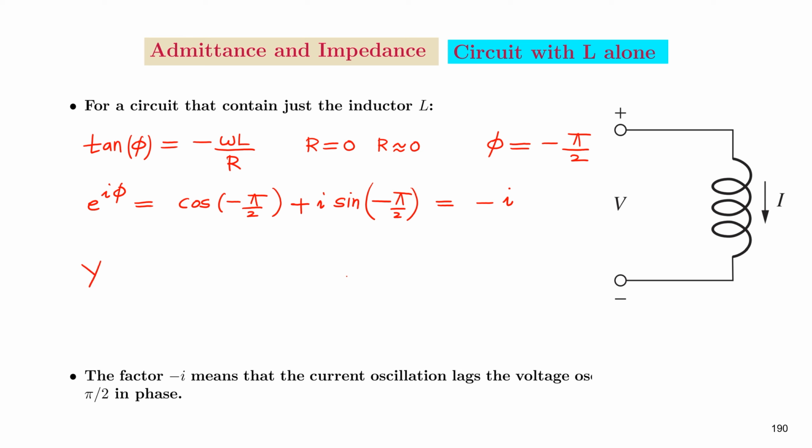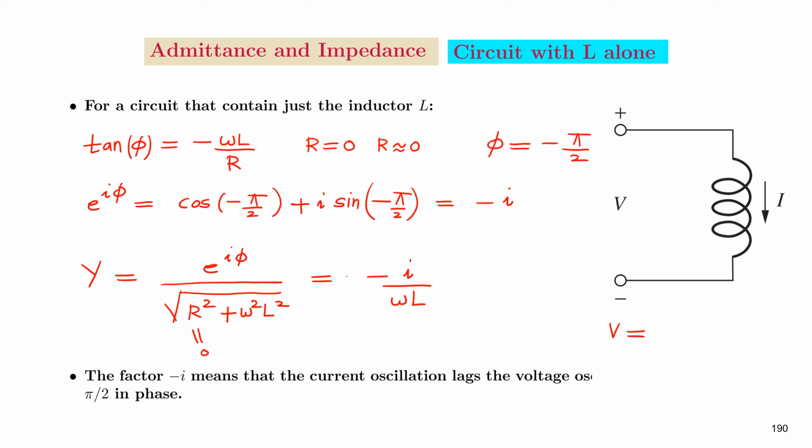Therefore, the admittance Y is equal to e raised to i phi divided by square root of R square plus omega square L square, and R is approximately equal to 0. Therefore, this is equal to negative of i divided by omega L. The voltage in the circuit is E0 and the current in the circuit is I0 e raised to i phi, that is equal to minus i times I0.